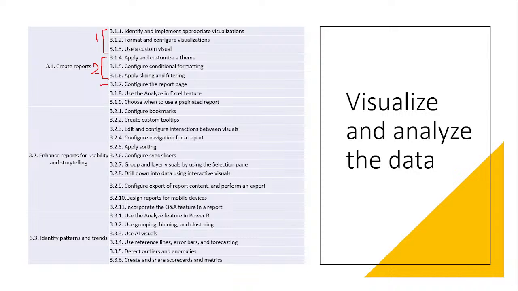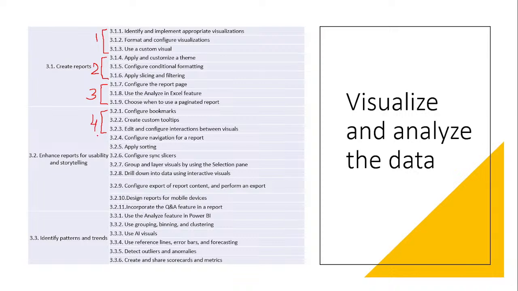Configure the report. Use the analyze in Excel feature. Choose when to use a paginated report. This will be in the third session. Configuring the bookmark, creating custom tooltips, edit and configure interactions between visuals. This will be in the fourth session.